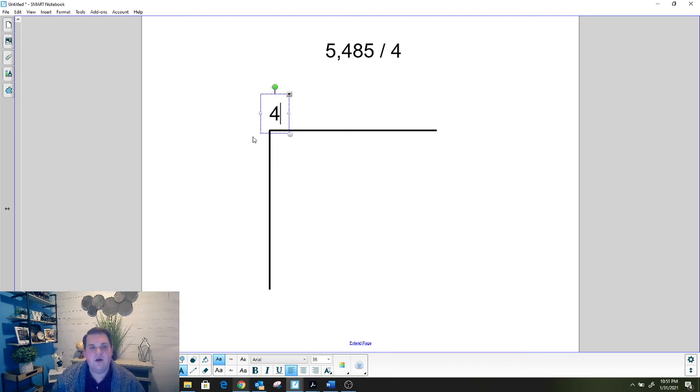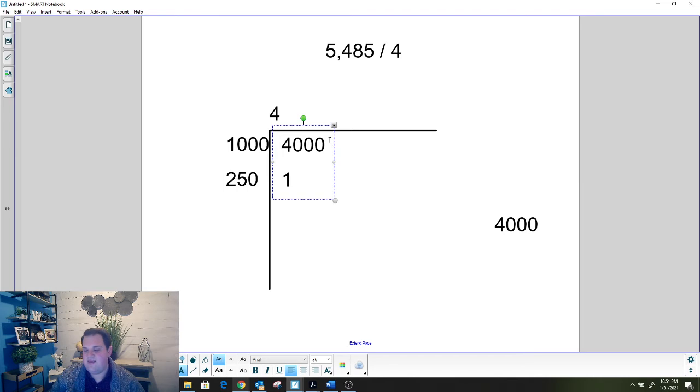So I put 4 groups at the top, and I know that 1,000 groups of 4 is equal to 4,000. So I'm going to mark 4,000 to the side because that's how many I have in my array. Then I'm going to do 250 groups of 4, and I know that is equal to 1,000. If I continue on, first I have 5,000 in my array. I need 485 more.